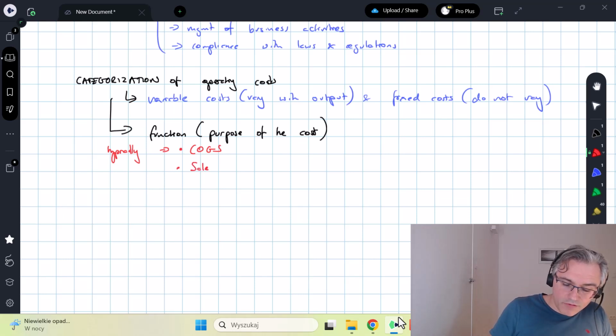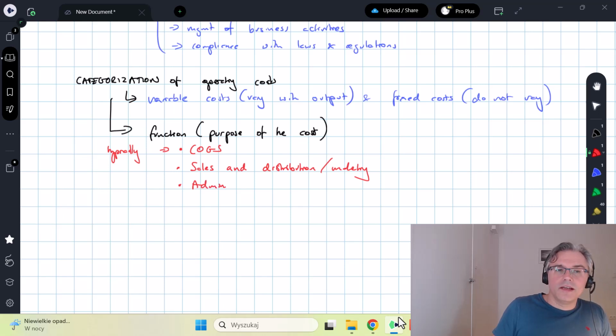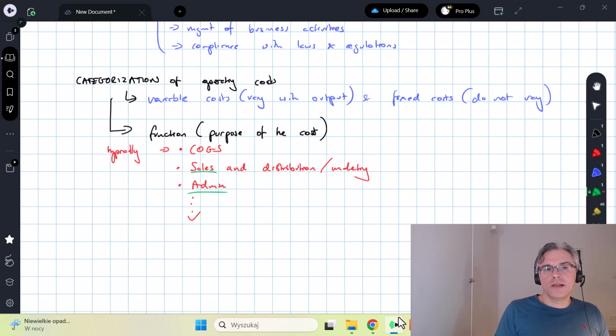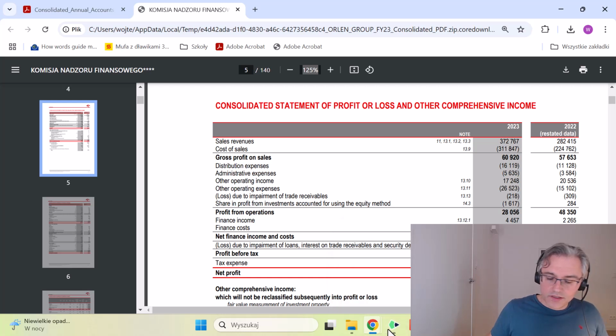Then you've got very often sales and marketing, or sales and distribution, something like this, stroke marketing. You'll typically have admin costs, or general expenses, different names, but the thing is, this is by function. So, for example, both sales and admin costs would include employee benefits, the cost of salaries, wages and salaries of people working in different functions within a company.